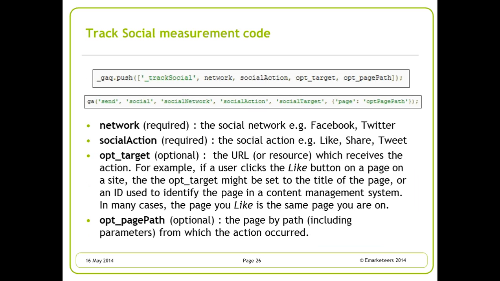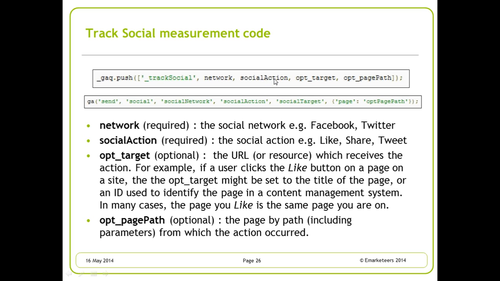In the previous version of Google Analytics, that wasn't the case. Then we have the track social measurement code, the tracking of share buttons on your website. Here at the top you see the way it was done in the previous version of Google Analytics. You call track social, you define a network: Facebook, Twitter, LinkedIn, and so on.